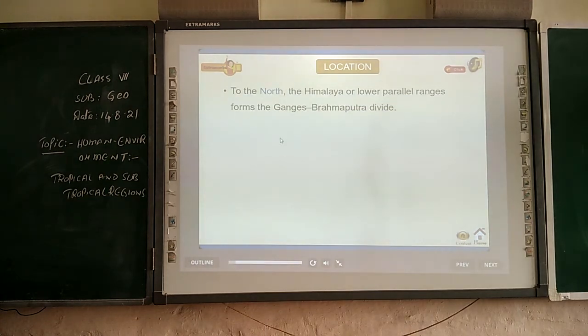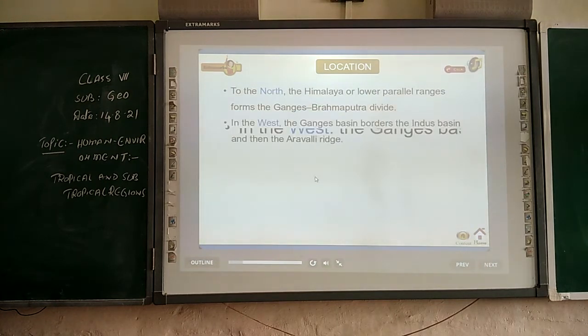Location of the Ganga-Brahmaputra basin. To the north, the Himalaya or the lower parallel ranges form the Ganga-Brahmaputra divide. In the west, the Ganga basin borders the Indus basin and then the Aravalli ridge.